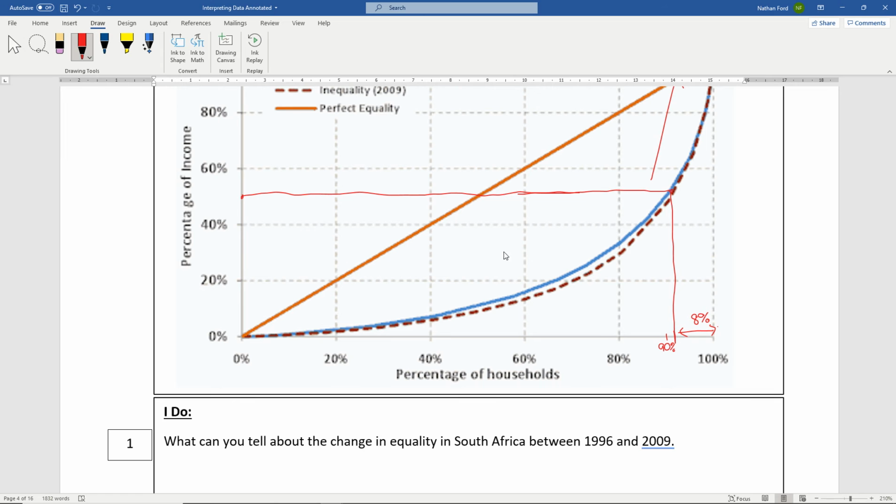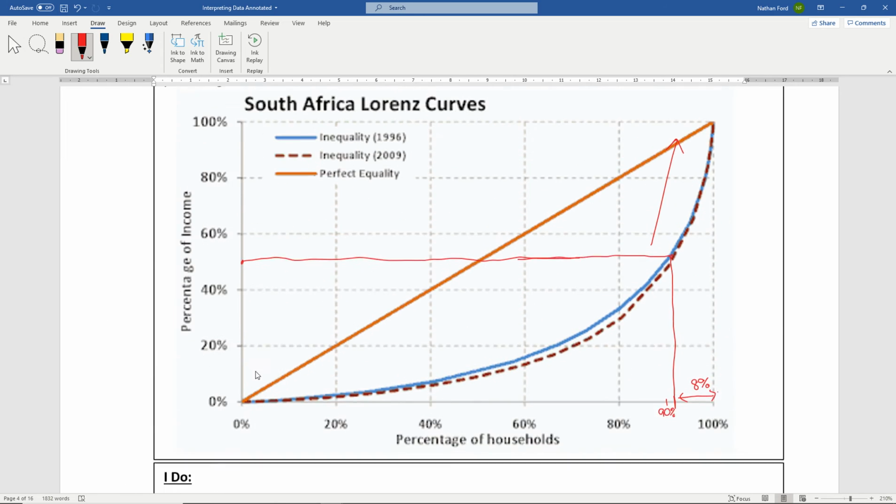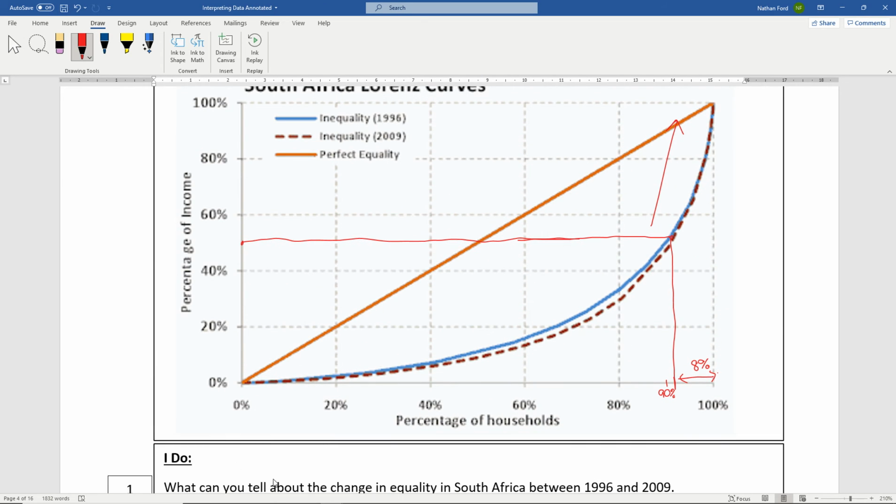So let's have a look. What's this question asking us? What can you tell about the change in equality in South Africa between 1996 and 2009? That was just how you can read and understand a Lorenz curve. If we look here, this line is 2009 and this is 1996.